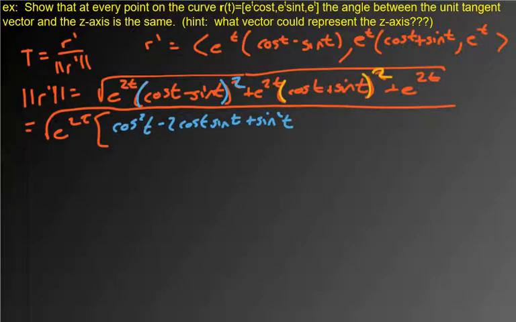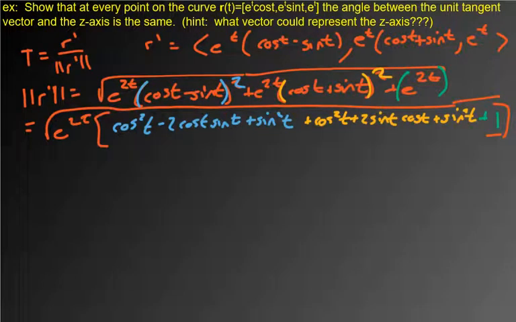So then I'm going to have cosine squared plus 2 sine t cos t plus sine squared. And then I took an e to the t out, which really left me a 1. So from this term, you're going to have a plus 1. So all of that is just that multiplication out, basically.